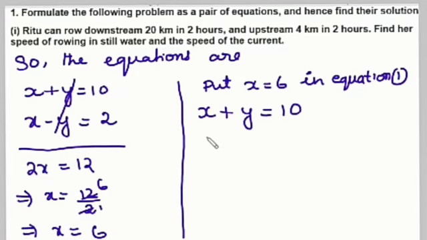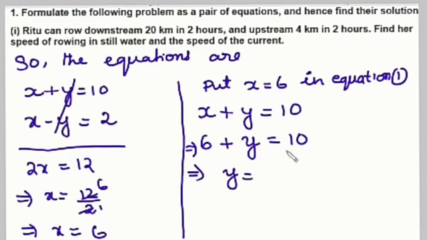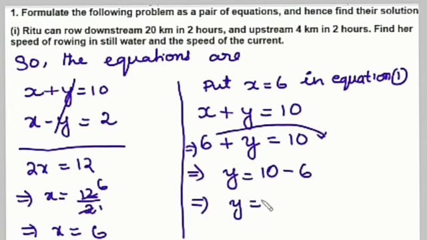So here the value of x is 6 and y I have to find, which implies y is equal to 10 as it is, and this plus 6 will go there and become minus 6, which implies y is equal to 10 minus 6.